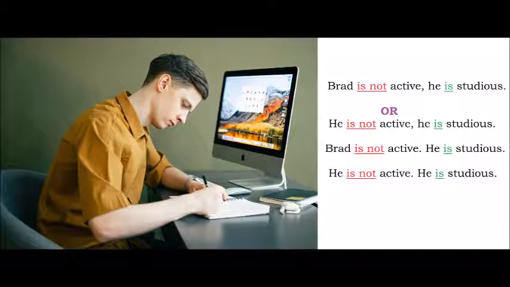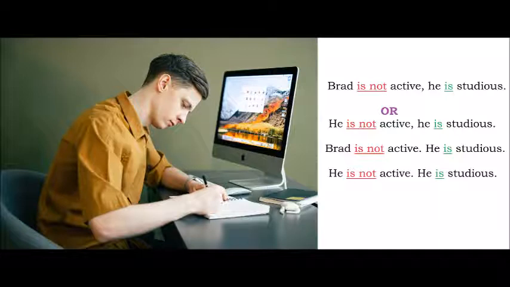For example, Brad is not active. He is studious. Okay, so Brad is not active is the negative part of the sentence, and he is studious is the positive part of the sentence, which relates to him. He's studying, he is studious.